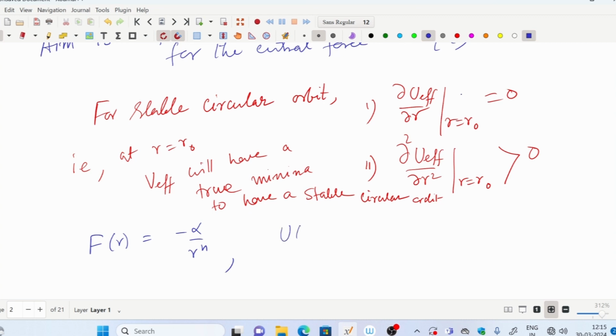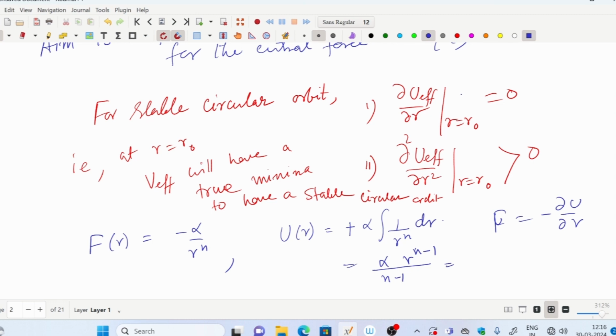For that we need to calculate U(r). U(r) is nothing but minus alpha times the integral of 1 over r to the power n dr, because F equal to minus del U del r, so there will be minus minus, which gives plus. So r to the power minus n will have integration, and integration will add 1 to the power, so r to the power n minus 1 divided by n minus 1.